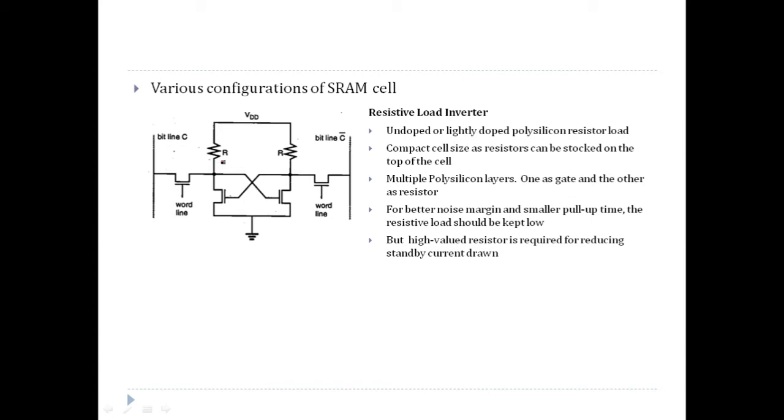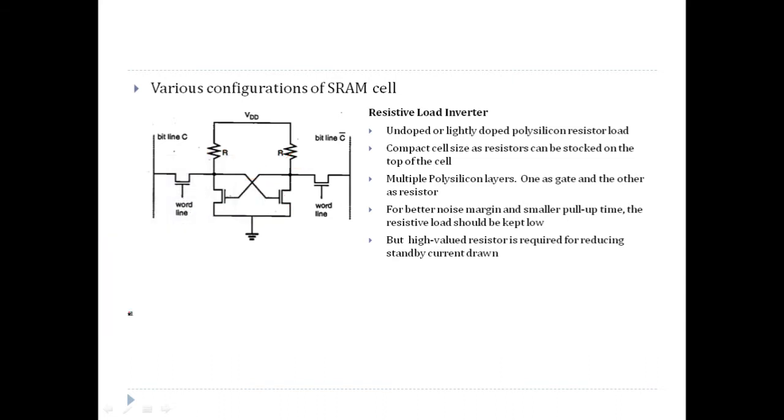This type of cell has an advantage of a compact cell size, because these resistors are normally fabricated using polysilicon. So this polysilicon can be fabricated on the top of this diffusion layer. If there is a diffusion, this SRAM cell is there, on the top of it these resistors can be fabricated.